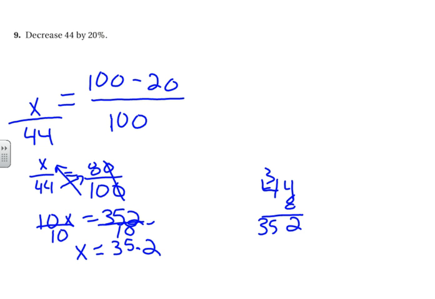Okay, very nice. So we have the unknown, the new number over the original, will equal the new percent over the original 100%, right? Or we could say the new number is 80%, the old number was 100%. And then when we solve this, we have 35.2, okay?